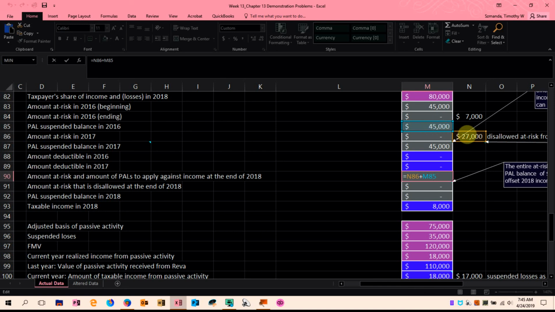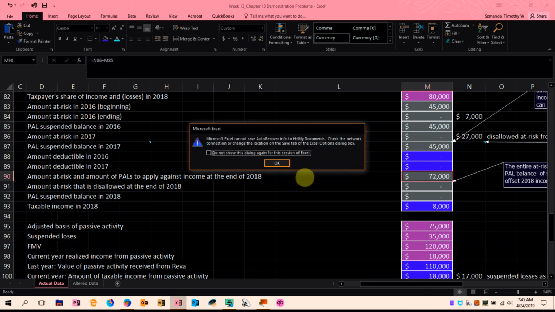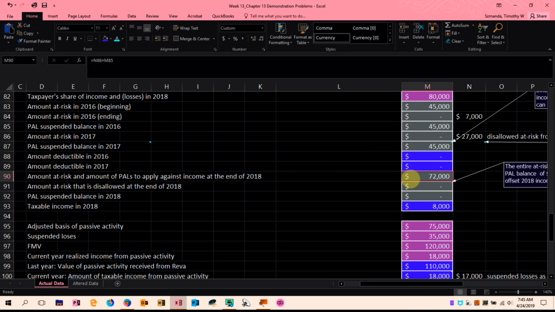So the $27,000 plus the $45,000 will give a total of $72,000. Again, that's $27,000 disallowed at-risk plus the $45,000 suspended balance, which gives us $72,000. So that is the amount that we can apply against the income.